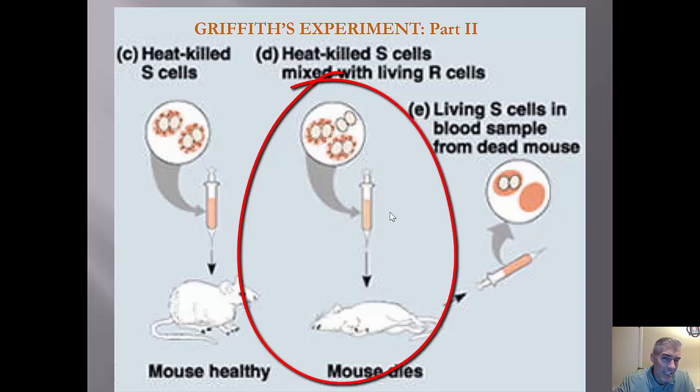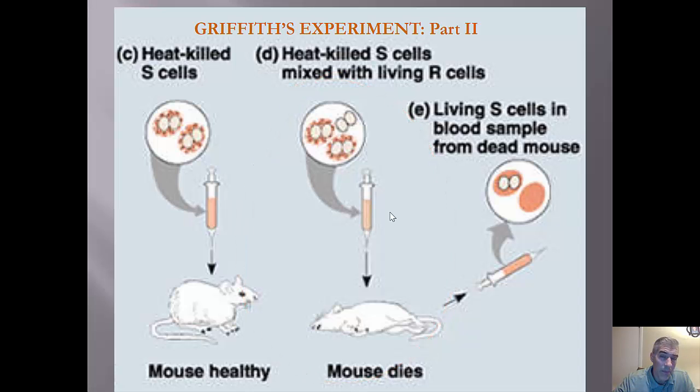So he took heat-killed cells, right, the dangerous heat-killed cells, and mixed them with living, non-dangerous cells. So both of those treatments individually allowed the mouse to survive. But when he did this, it killed the mouse again. And then he extracted a tissue sample from the dead mice, and he found that the dangerous one had appeared again.